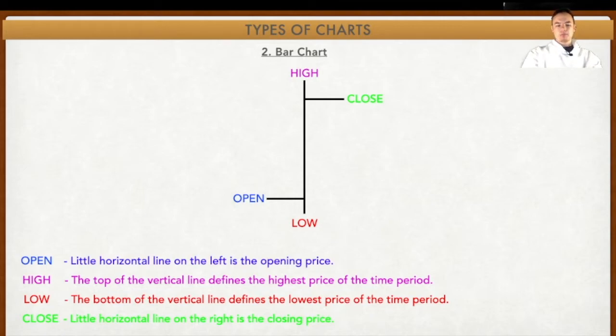So basically, if your open is at the bottom, your left side, remember, your left side is always the open, then the close is on the top, on the right side, then that is a bullish move. So price is increasing. Okay, and then if the left side is higher and the right side is lower, then that means that it is a bearish movement, sorry, not bearish candle. So price has been decreasing.